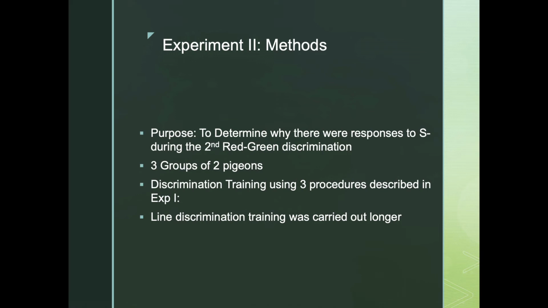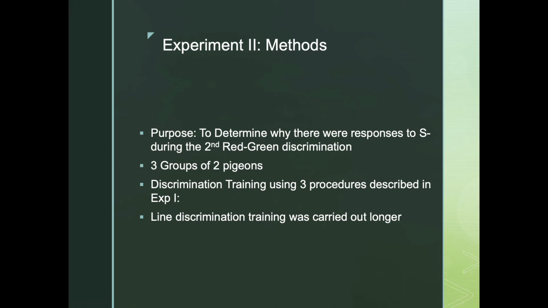So essentially, in the second experiment, he wanted to determine why were there responses to the S minus during the second red-green discrimination, and well, we'll talk about it after the results. But the basic line of thinking was perhaps the line discrimination training interfered with the already acquired discrimination in some way, right?